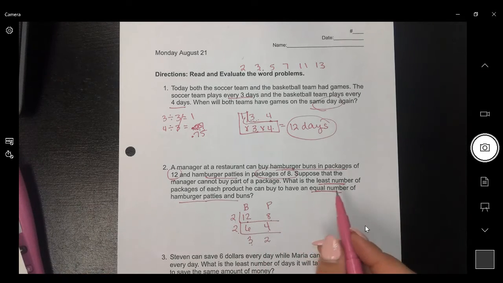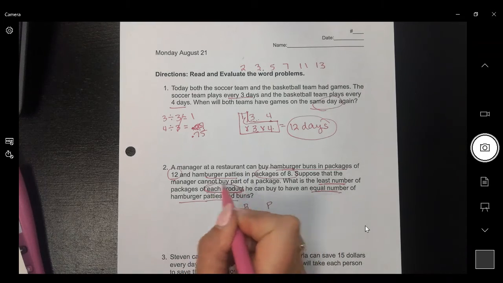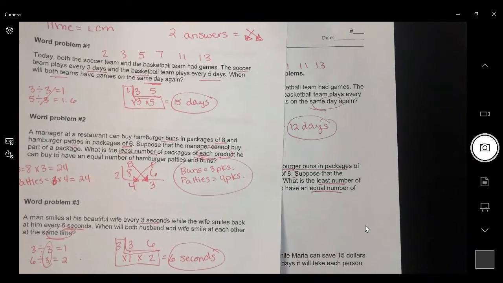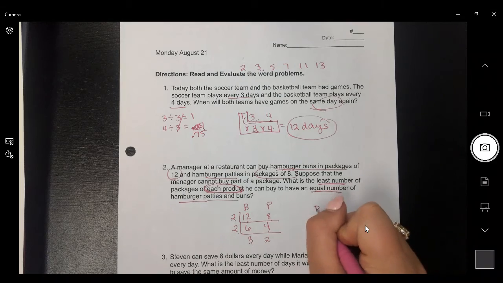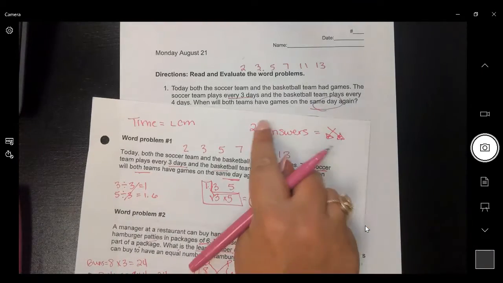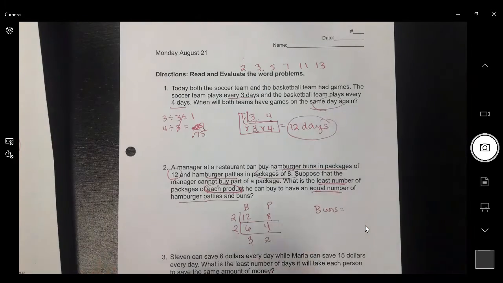Because if we come back here, it's asking for each product, just like we worked out over here, we're going to be looking for 2 different answers. We're looking for how many packs of buns I need and how many packs of patties I need. And when we had 2 answers, if you remember back at the top, we crisscrossed. So that's what I'm going to do.